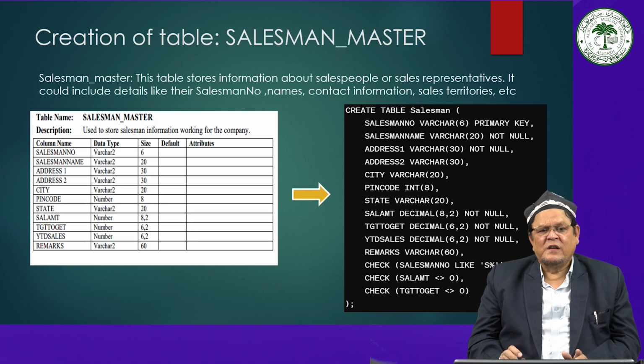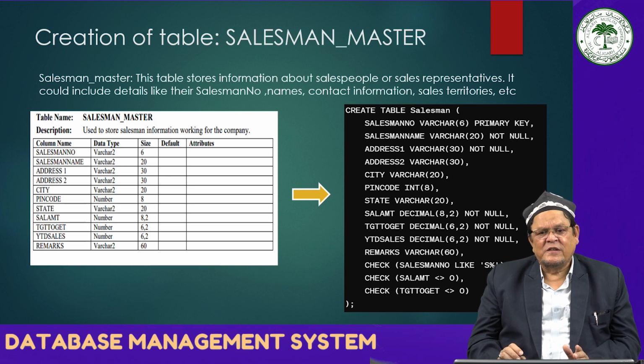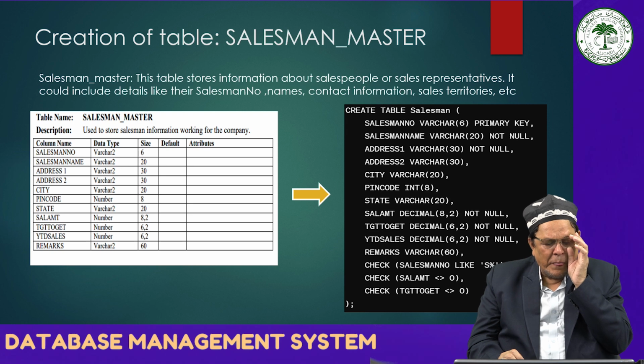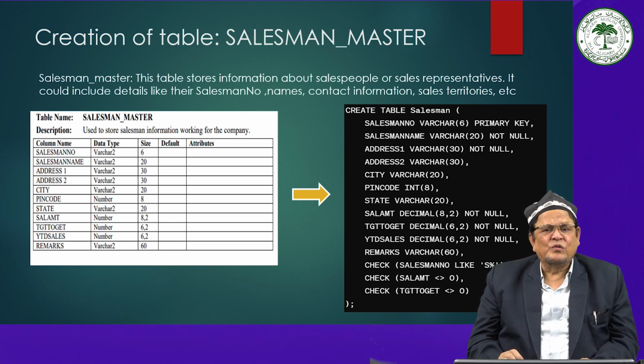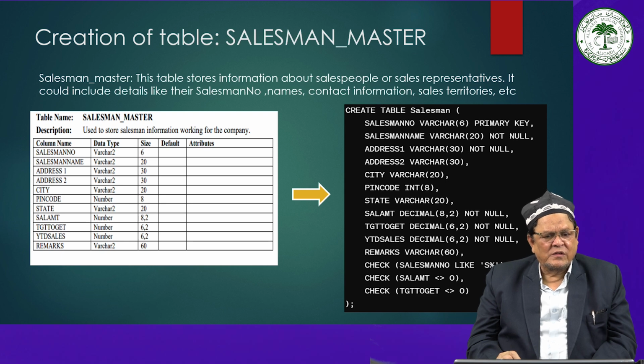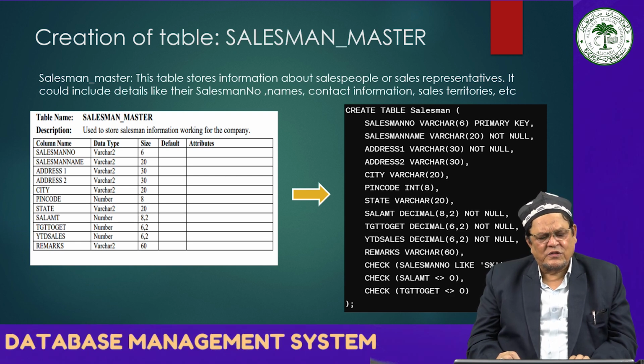It could include details like their salesman number, name, contact information, sales territories, etc. It means this contains the information about the attributes: salesman number, salesman name, address 1, address 2, city, pin code, state, sell amount, target to get, yet to sell, and the remarks. These are the attributes in the table.